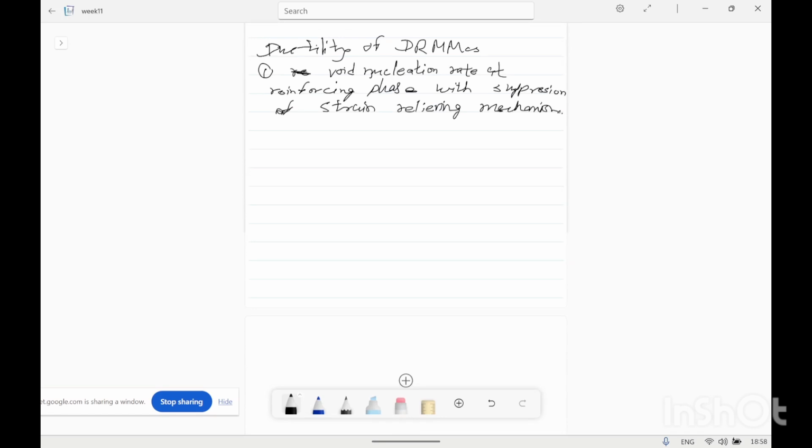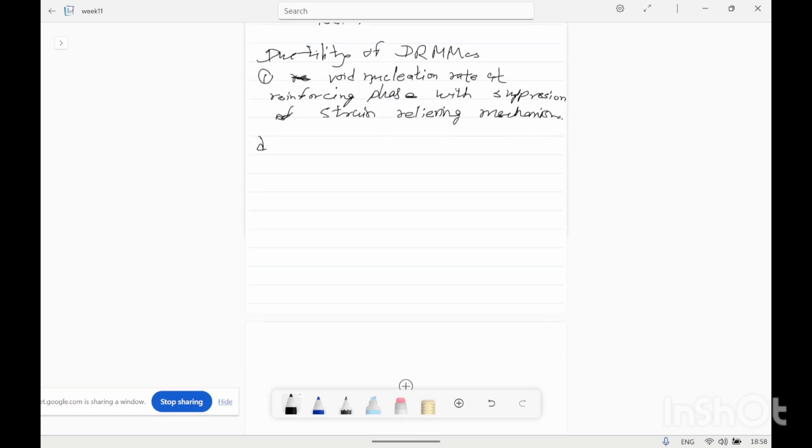So the ductility of DRMMCs will decrease with increasing particle size and volume fraction.